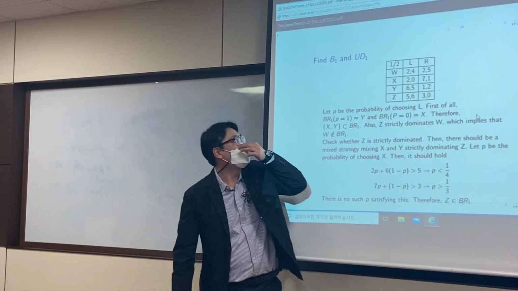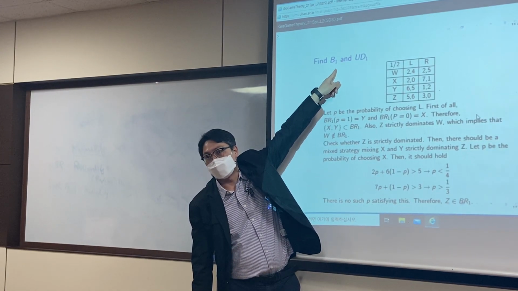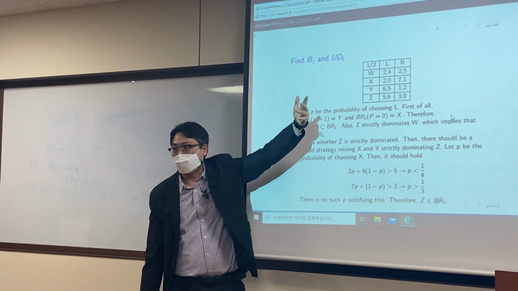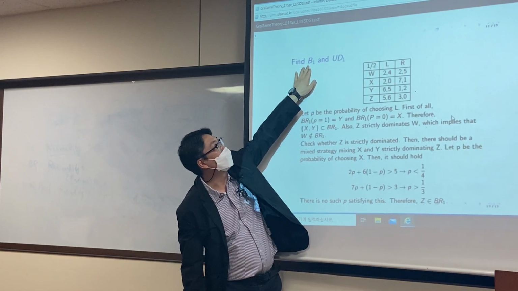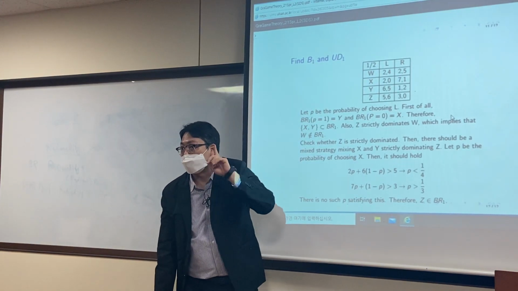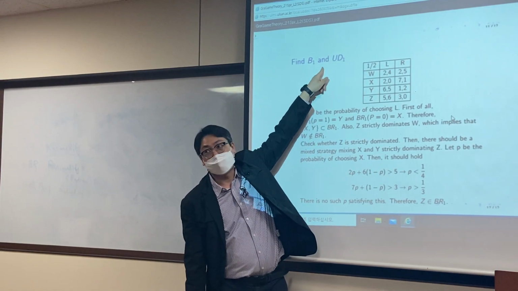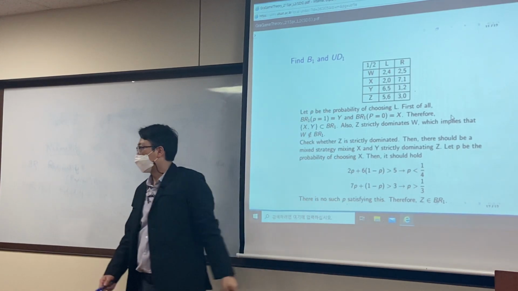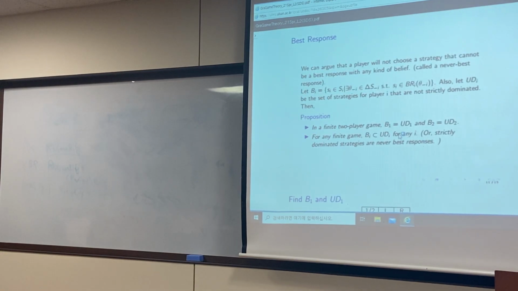Then let's find the B1, the strategy set which can be a best response. If a strategy can be a best response for some belief, then it can be a member of B1. And I said that in a finite two-player game, those two are the same already. In the previous slide, I argued that without proof, but these two sets are the same.